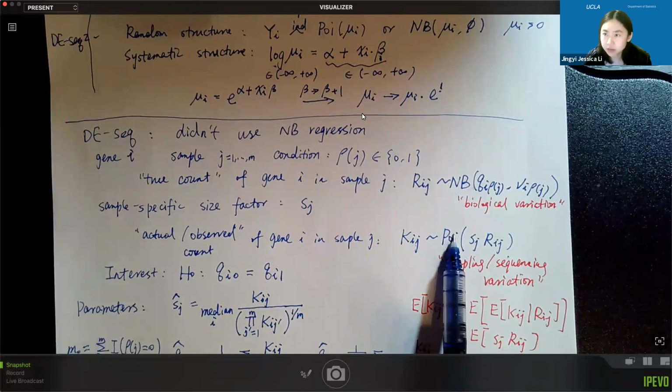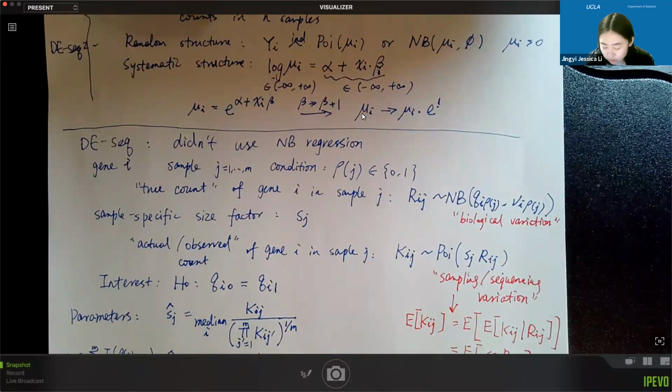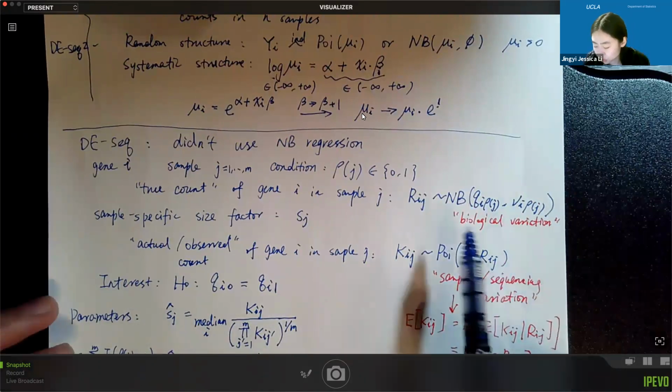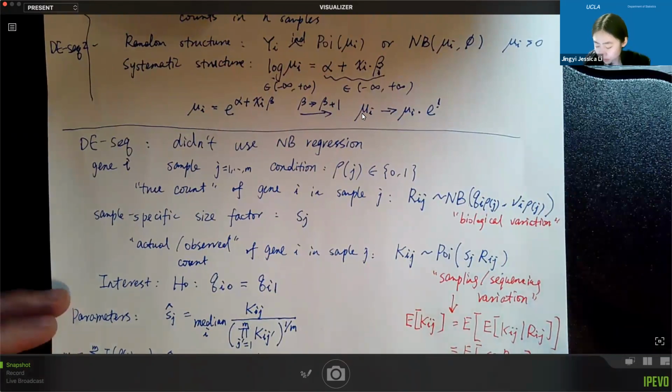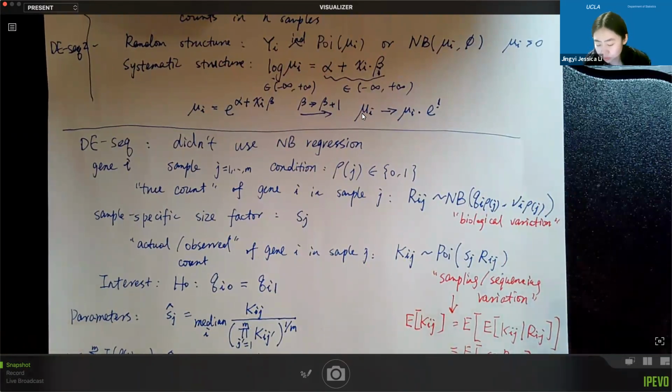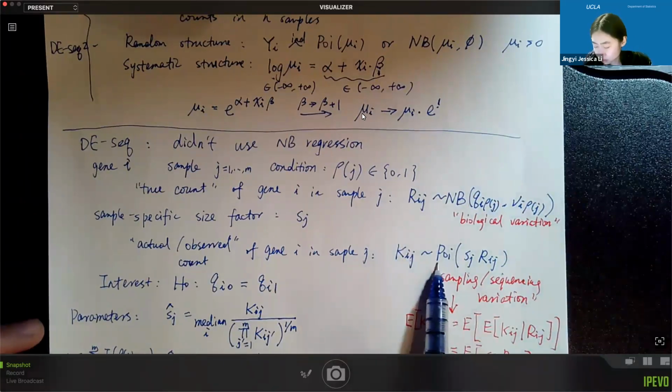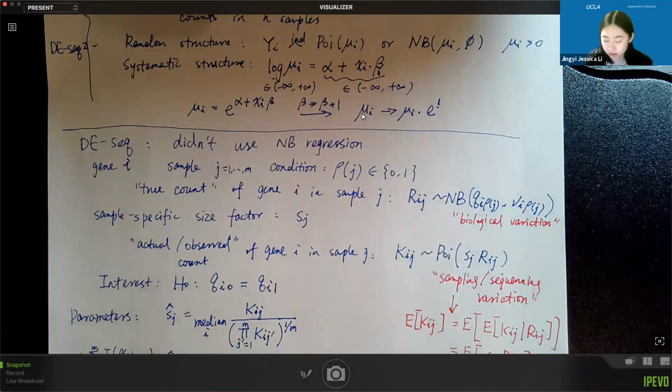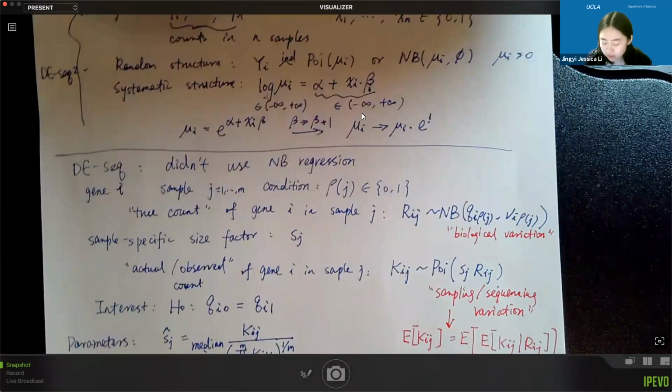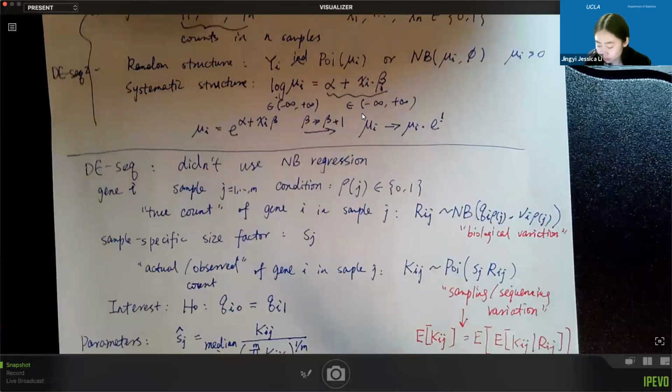And in almost every differentially expressed gene method, if it's based on a probabilistic model, you will always need to assume some distribution for the data. A lot of times, these distributions need to be justified before you assume them. But sometimes you will see that some methods assume them without justifying why Poisson or negative binomial is reasonable. So I would say that in an ideal scenario, we need to justify.